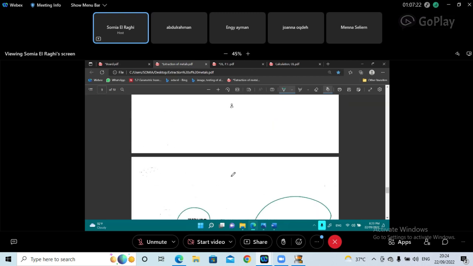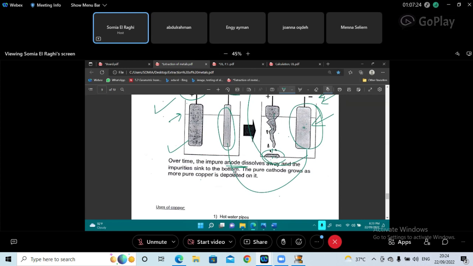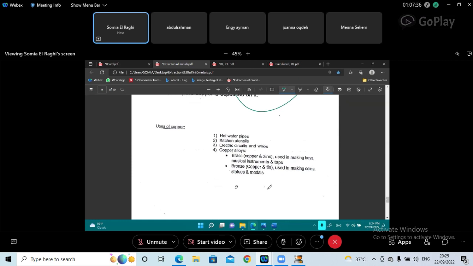Anyone get a piece of scrap wire? If you open any wire, this is the wire connected to the computer or TV or whatever. So the copper metal here is used for what? For a wire, small wire. We saw cable before. What is a cable? Cable is another story.